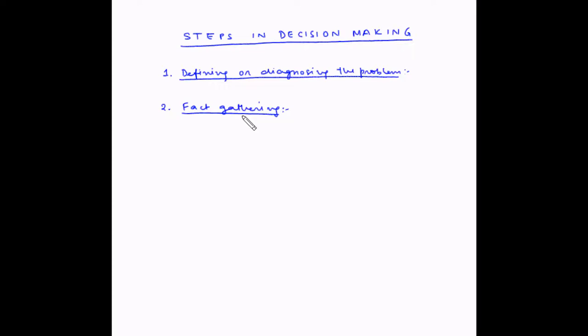Some points to be kept in mind during fact gathering are: the information should be collected from the most reliable source. All relevant facts, regardless of how disorganized or unrelated they seem at the time of data gathering, should be recorded. The information should be subjected to verification.